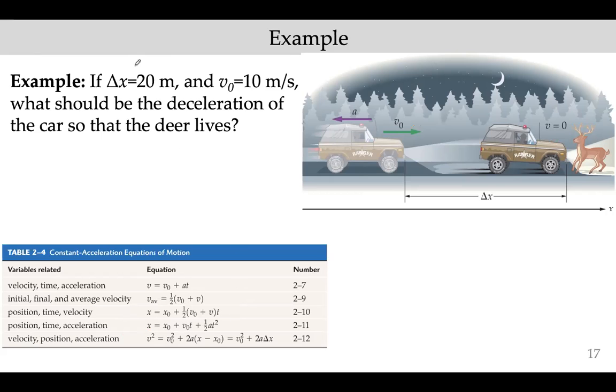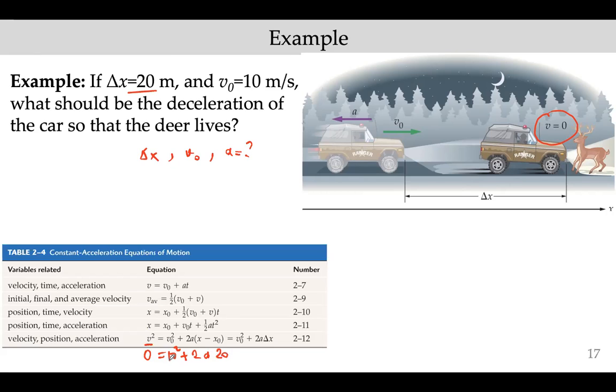So look at the problem. Delta x is given. v0 is given. And the question is, what is the deceleration? So if you look at the last one, this is the final velocity, which is 0, right? So if I put 0 here, equals, what is the initial? Well, it's given, 10. I'm going to do 10 squared plus 2 times a, that's what the question is asking, and delta x is the final minus initial, which is given in the problem as 20.